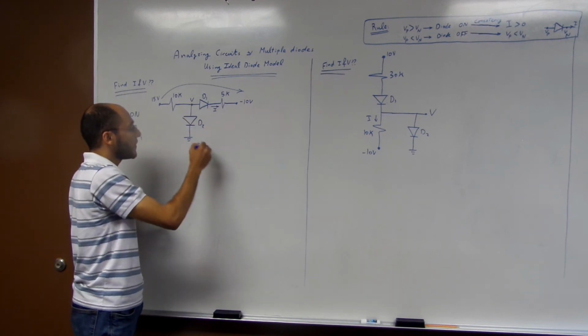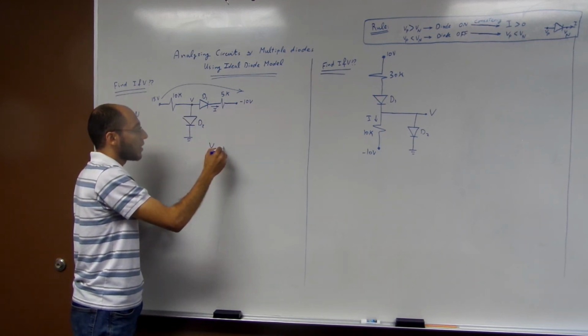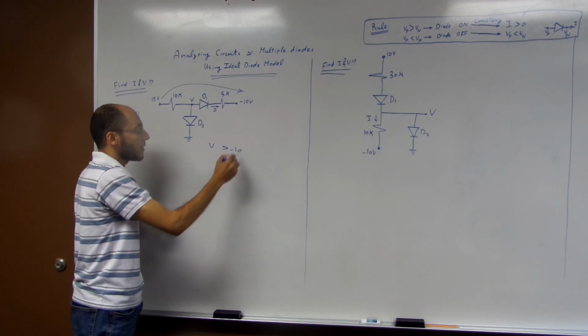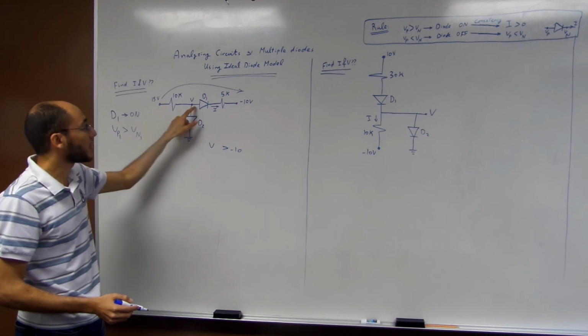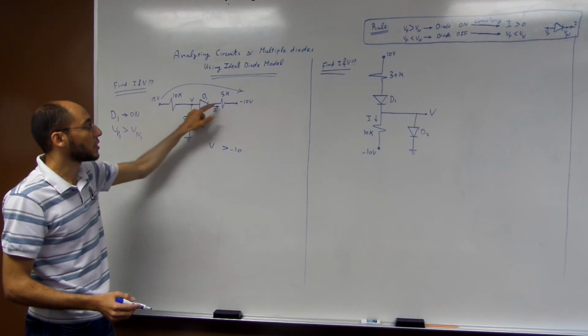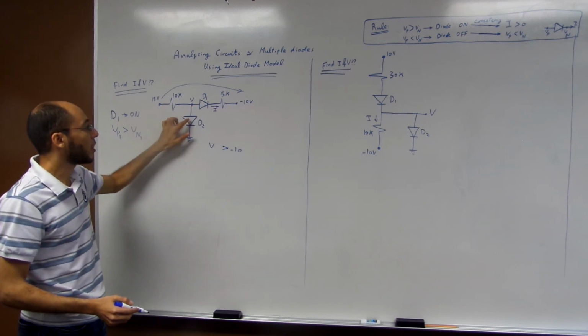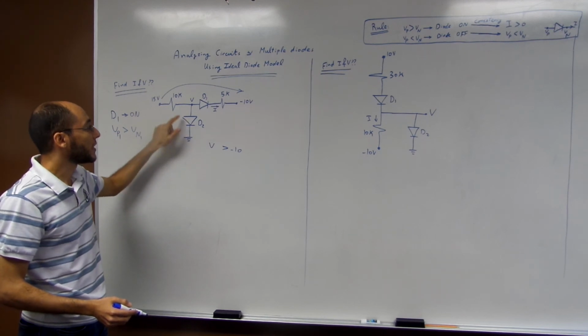But I guarantee that this V is always going to be greater than negative 10. How can a negative 15 come to this value? And that's why I guarantee that this diode is always going to be on, regardless of whether the other diode is on or off. Take the worst case scenario.